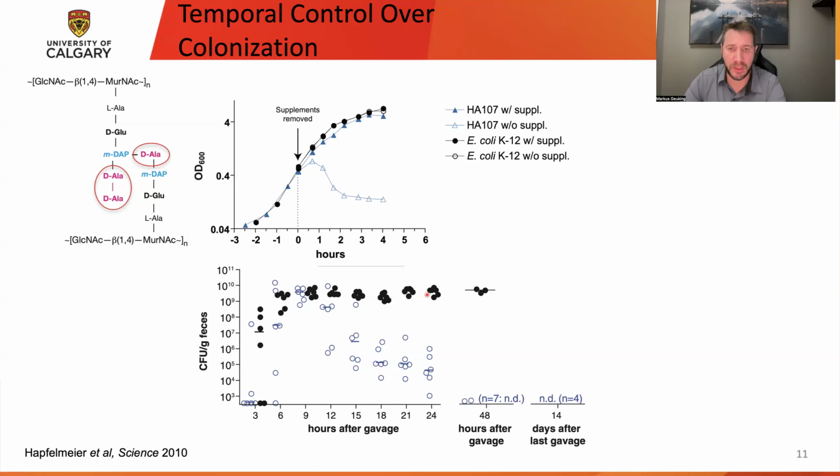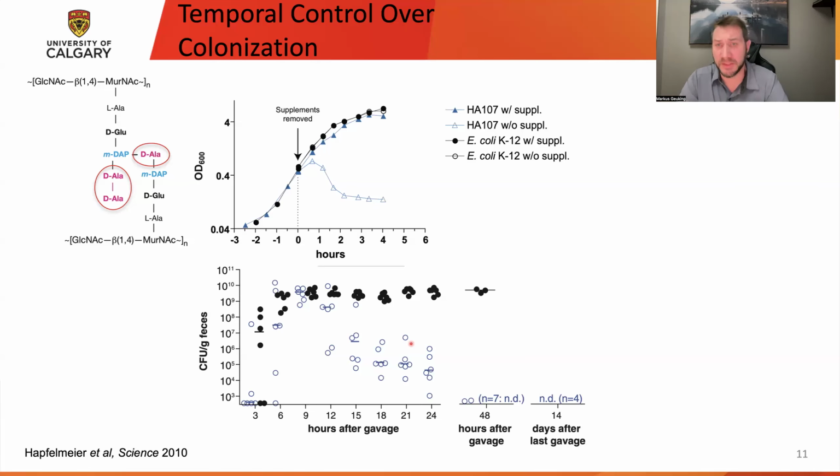The wild-type colonizes stably, and the mutant, since D-alanine is not available, if you gavage a high dose, you reach the same levels as the wild-type, but then it drops. And repeating these procedures allows you then to time, for example, during pregnancy only, to make sure that we only have commensal bacteria present during that specific window that we want to study.